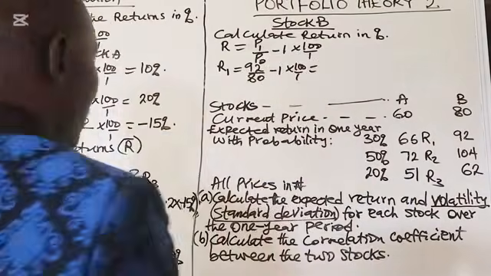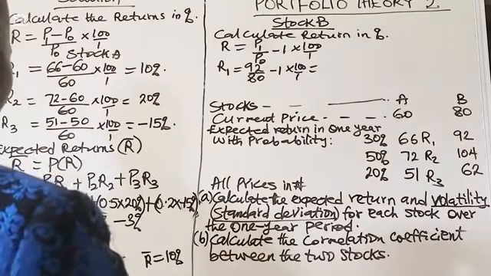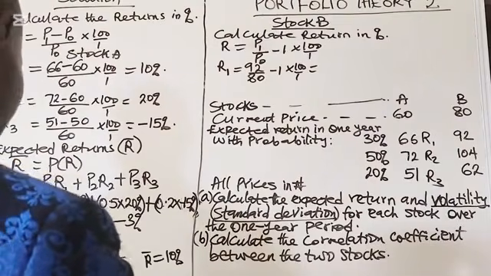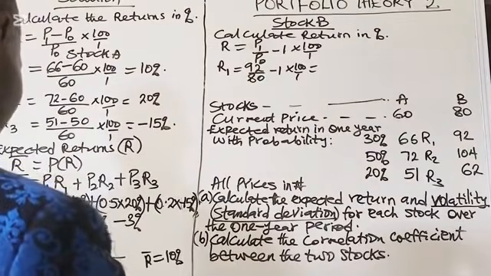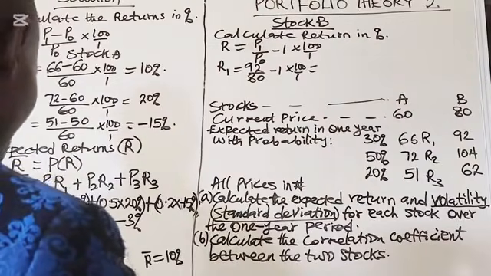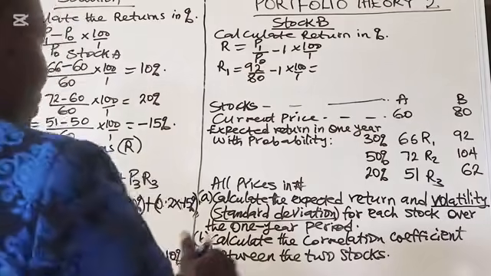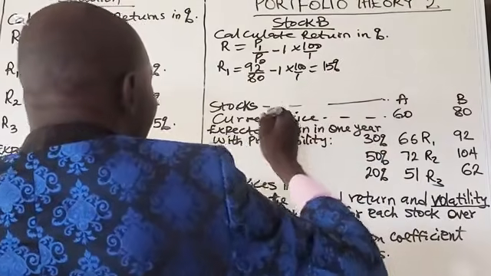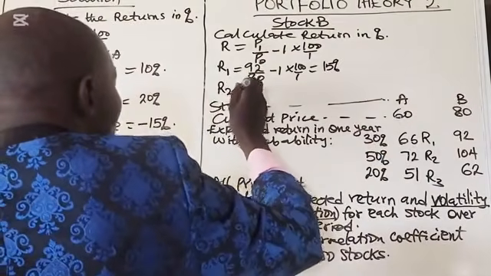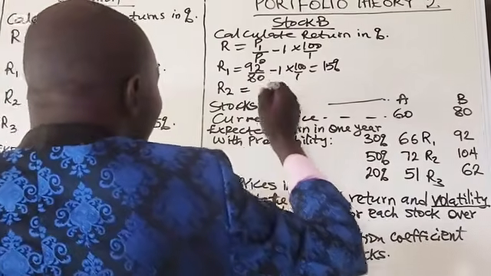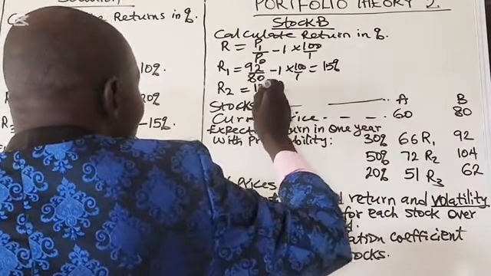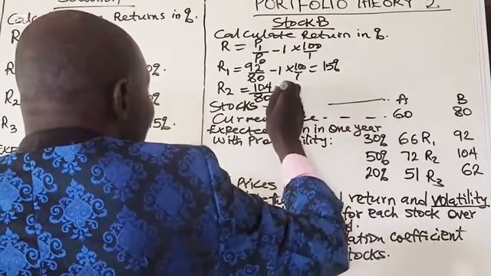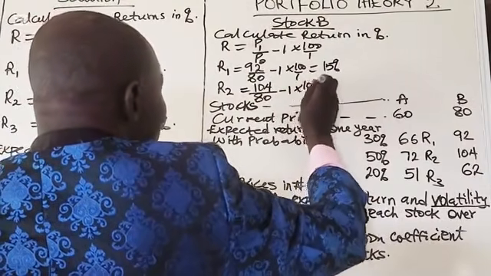That gives us 92 divided by 80, that is 1.15 minus 1 times 100. So we get 15%. The first return is 15%. Return 2, which is 104 over 80 minus 1 times 100 over 1.